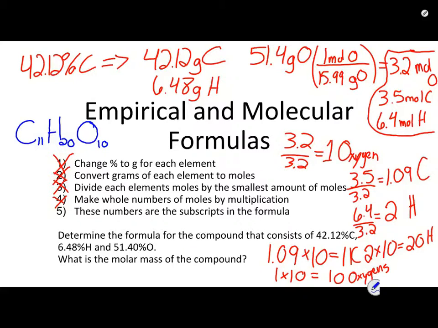Can I figure out my molar mass now? You bet. If I look at my periodic table, carbon is 12.01, and I have 11 carbons, so I'm going to multiply 12.01 by 11, plus my hydrogens, which is 1.01 times 20, plus my oxygens, which is 15.99 times 10.